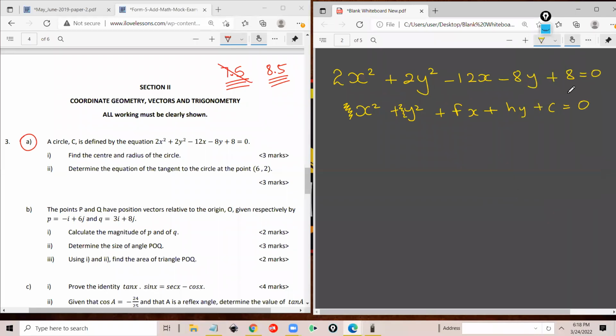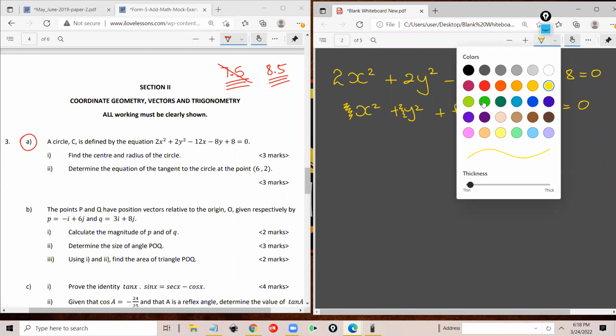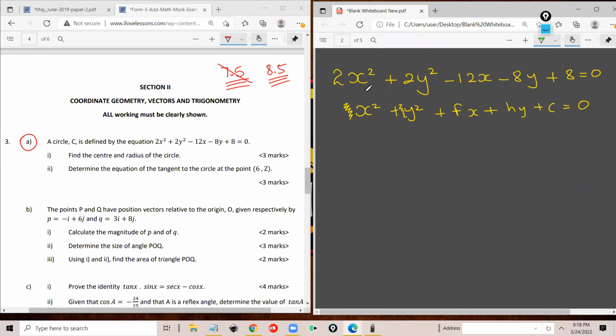So you know what you're going to have to do with this question before you start? You're going to have to divide throughout by 2 first, okay? And if you divide, remember, whatever you do to one side of an equation, you have to do to the other side. So if you divide everything on this side by 2, well, lucky for you, the other side is 0. If we do that, we're going to get x squared plus y squared minus 6x minus 4y plus 4 is equal to 0.